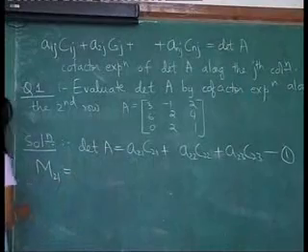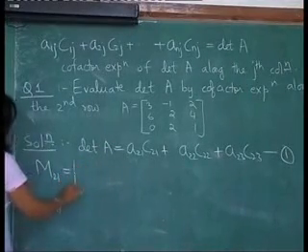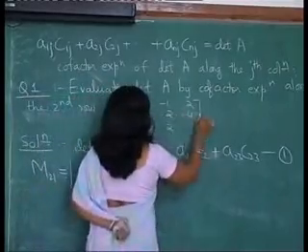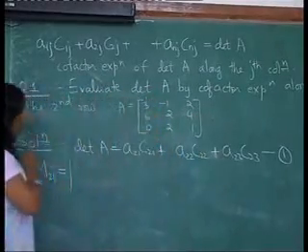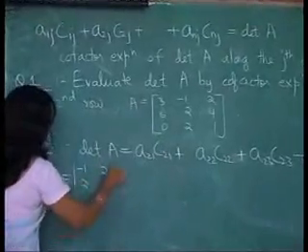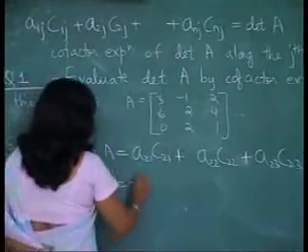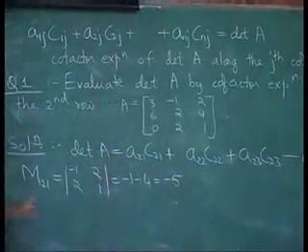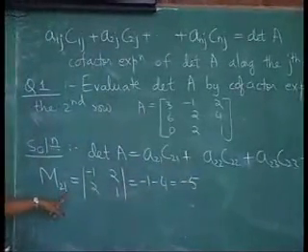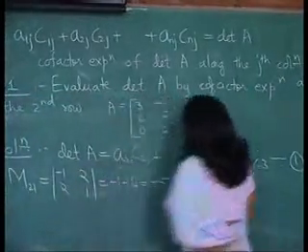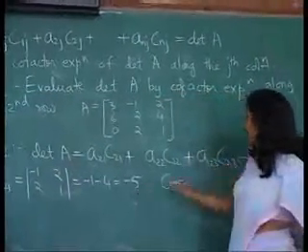For the minor of the element in the second row first column, I need to delete the second row and first column and take the determinant of the remaining submatrix. So it will be minus 1 minus 4, that is minus 5. 2 plus 1 is odd, so the cofactor will be the negative of the minor. The minor itself is minus 5, so the cofactor will be plus 5.